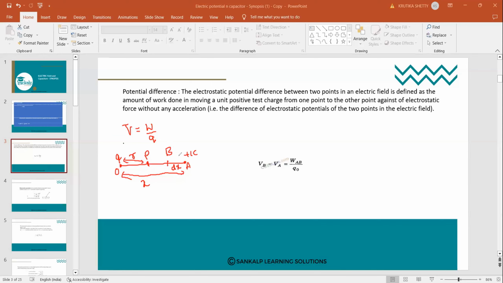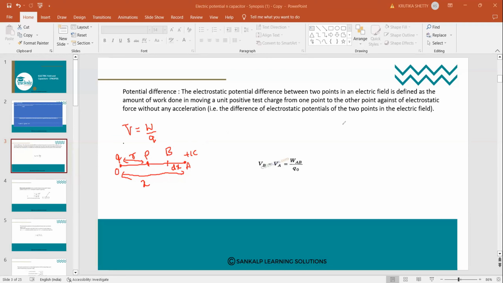So this is the figure explanation. Consider a charge Q at point O. Consider 1 coulomb of charge at point A at a distance of x from O. I want to bring this 1 coulomb charge to the point P at a distance of r from O. Here we need to displace it first by a small displacement, that is dx.